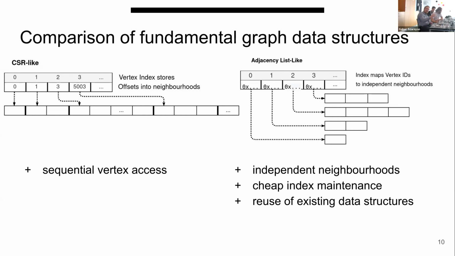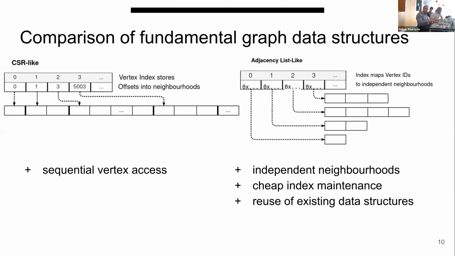On the other side, we have adjacency list-like designs. Again, they have an index mapping vertex IDs, but this time pointing us to just anywhere in memory, where there is an independent data structure for each neighborhood. That's a first advantage, because if the data structures are independent, it is easy to parallelize on them. Then we have cheap index maintenance, because the index always stays up to date, even if we insert edges, while the CSR-like one will move the index.